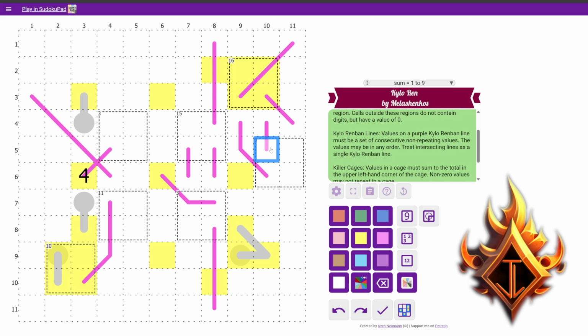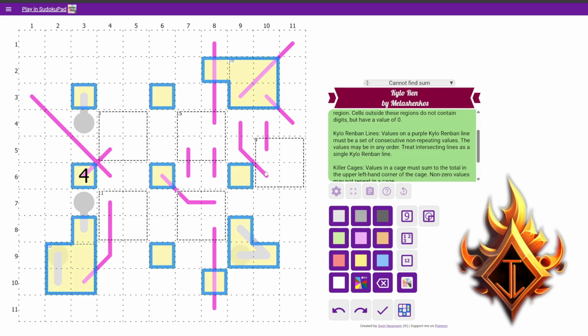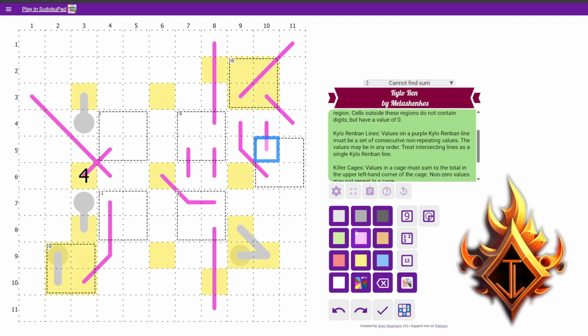Can that one be gray? Or can that one be not in a box? I don't think so. If this is not in a box, let me go to a different palette. Would I say that one?